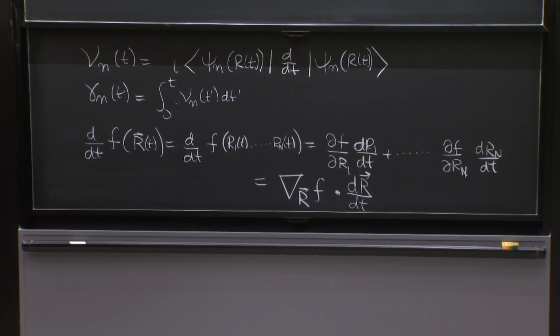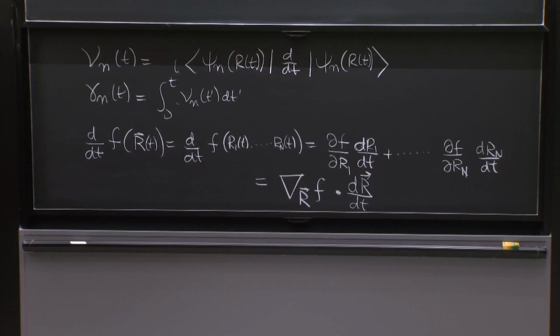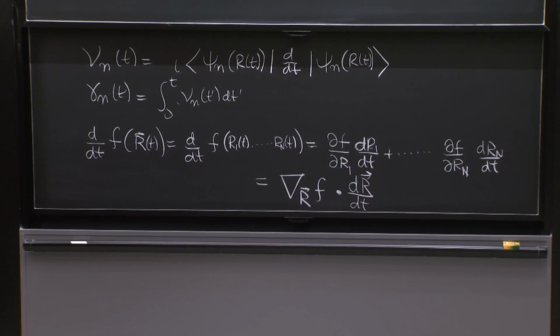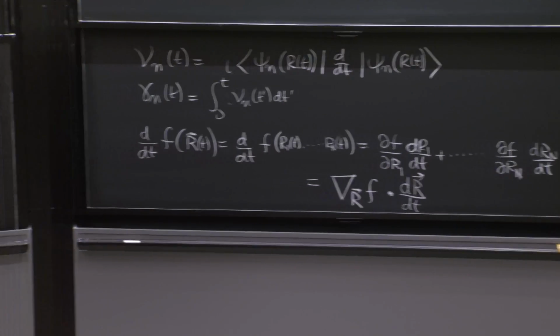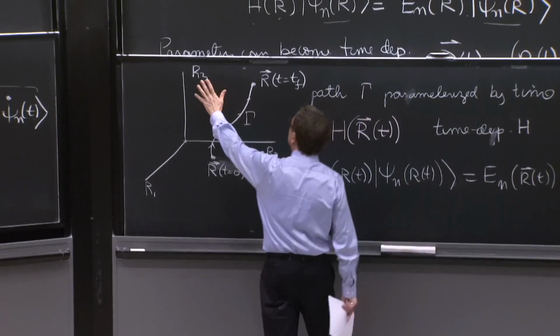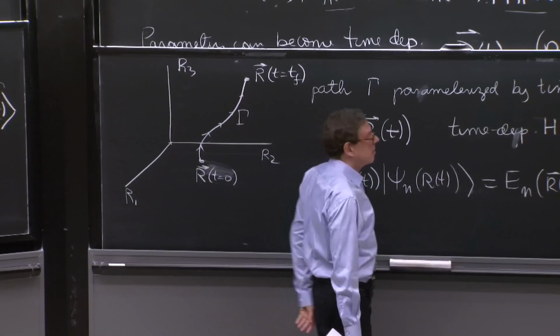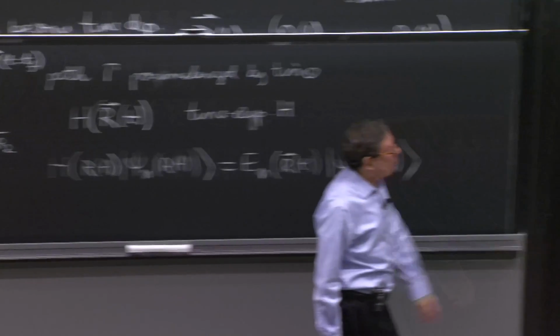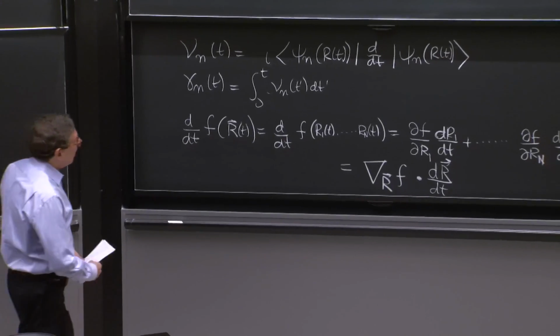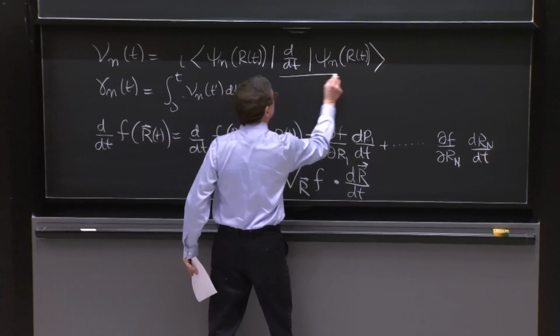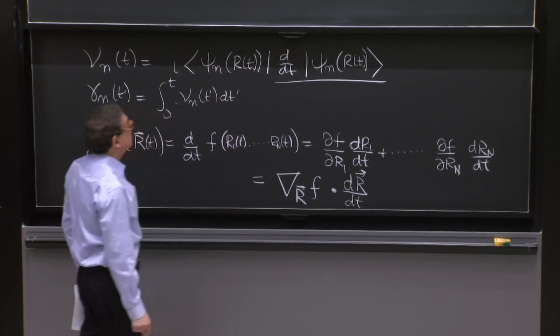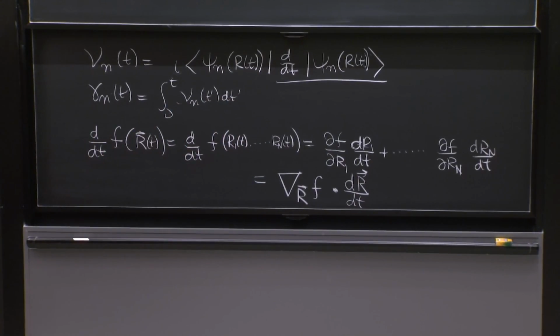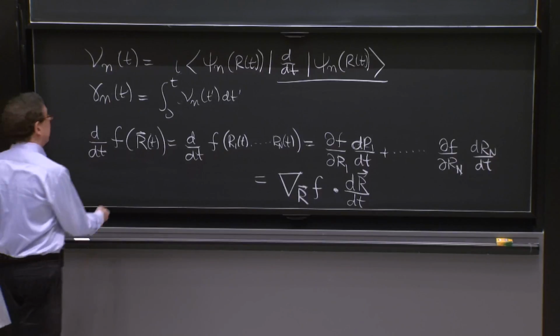It's a vector operator. The gradient sub r would mean ddr1, ddr2, ddr3, just the gradient in this Euclidean vector space, times dr dt. So that's what I want to use for this derivative. I have to differentiate that state, and therefore I'll write it that way.